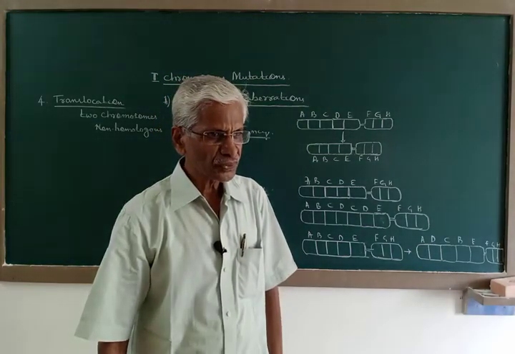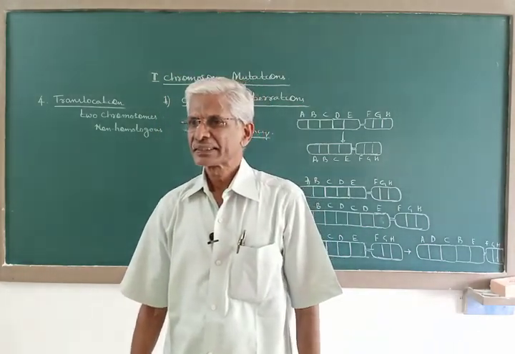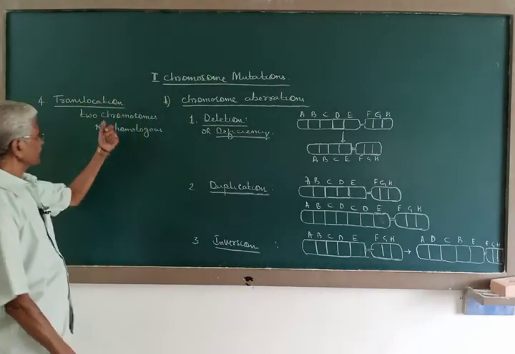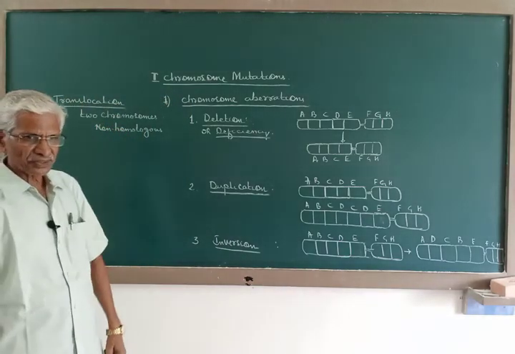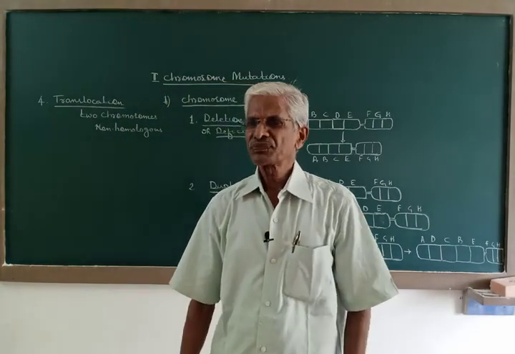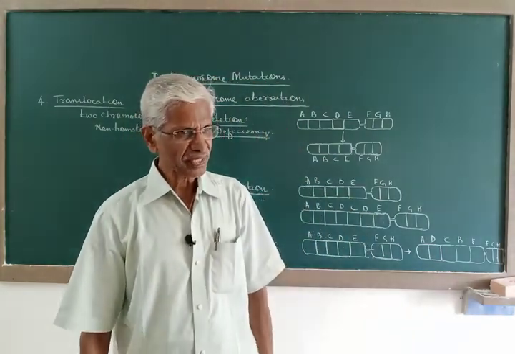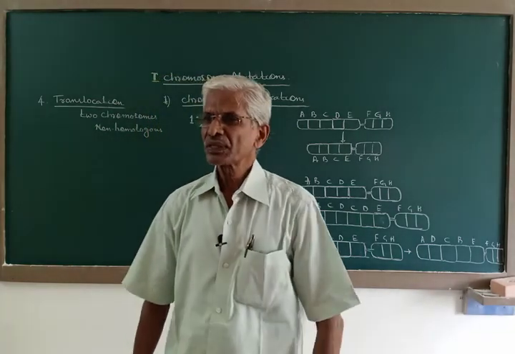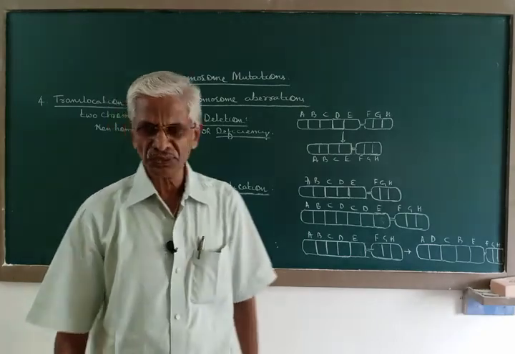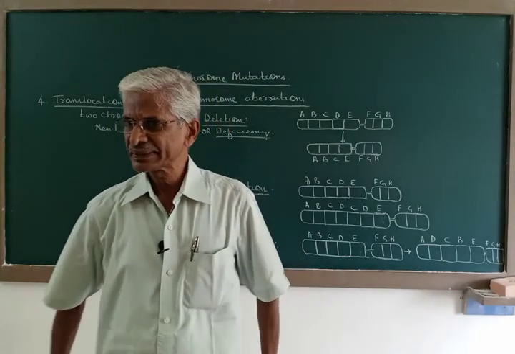Chromosomes which belong to different pairs in a diploid chromosomal configuration. So here translocation is a form of chromosome aberration where two non-homologous chromosomes are engaged, two non-homologous chromosomes are concerned.